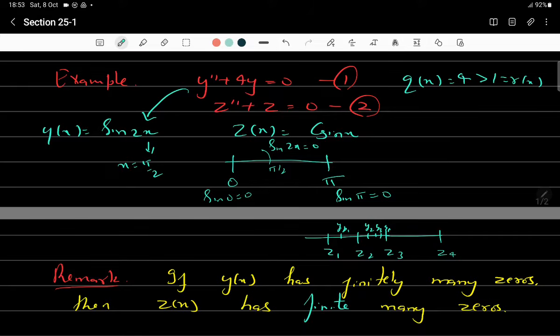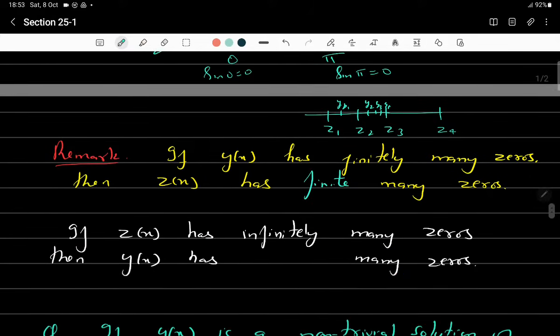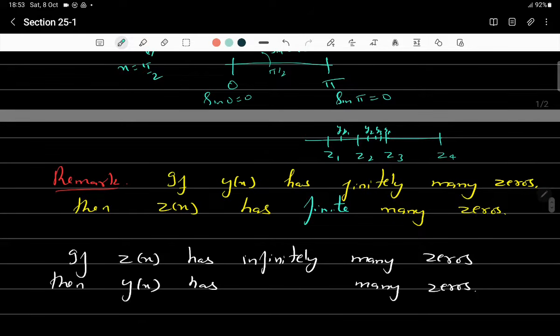It cannot have infinite zeros. On the other hand, if z(x) has infinite zeros, then what can you say about y(x)? So these are z1, z2 and infinitely many zeros. Between every two successive zeros there is at least one zero of y(x), and there are infinitely many intervals.